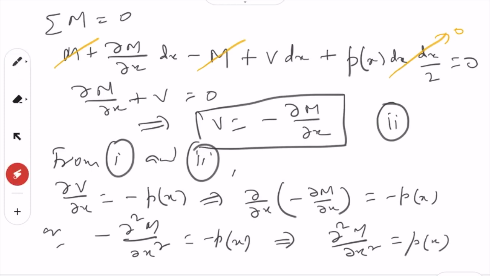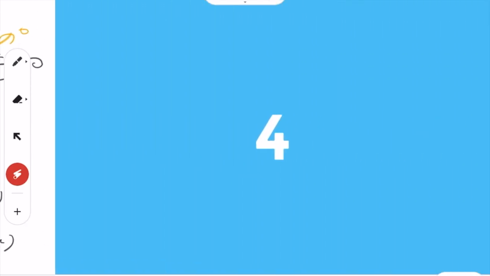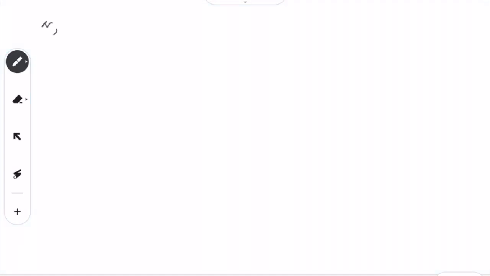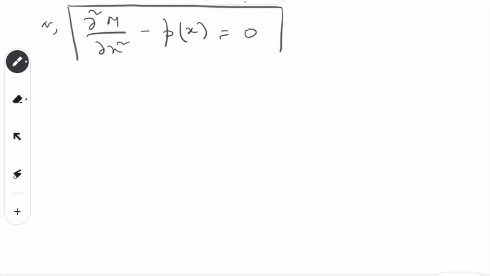So, this is another equation we get, or we can write del square m over del x square minus px equal to 0. So, this is the equation that we get.